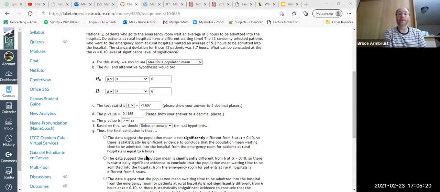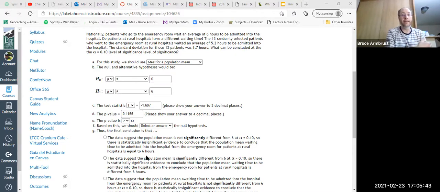Yeah, so again, remember what we need to reject it. We need this to be a rare occurrence. We need our sample to be strange. It has to have a small p-value. And this is not, right? 11%, that's 1 out of 9. 1 out of 9 is not that small, right?